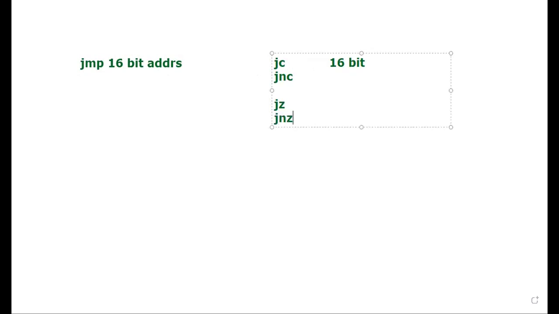If the condition is true, it will branch out. So when I say jump if carry, if the carry flag is set, then it goes to the 16-bit address. All these are 3-byte instructions. Then jump if parity even, jump if parity odd, jump if minus, and jump if positive.